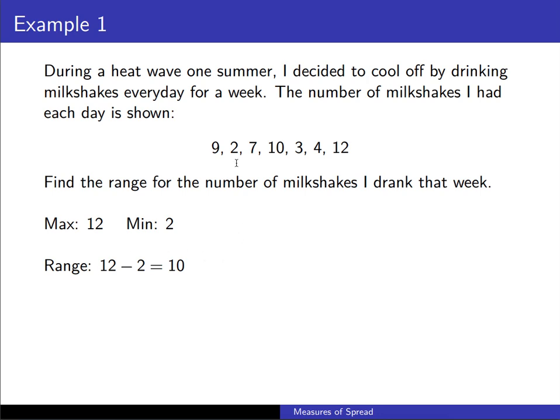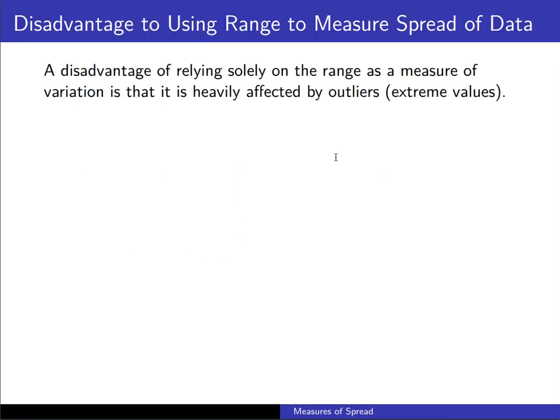So if we have an extreme value in our data set, it's going to impact the range because it's going to change either the maximum or minimum, or if we have multiple extreme values, it could easily affect both of them. So in terms of future videos, we don't really use the range too much with calculating measures of spread or measures of variation. We'll start looking at those measurements in the next video.